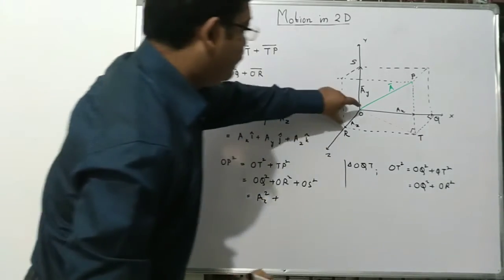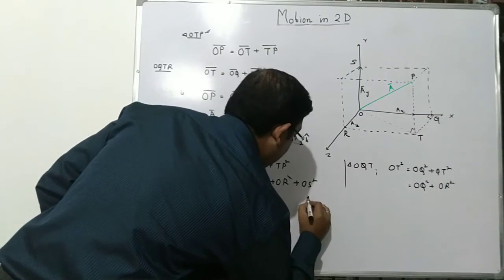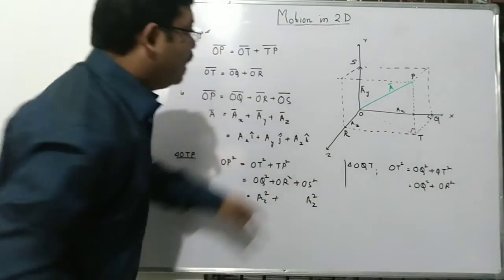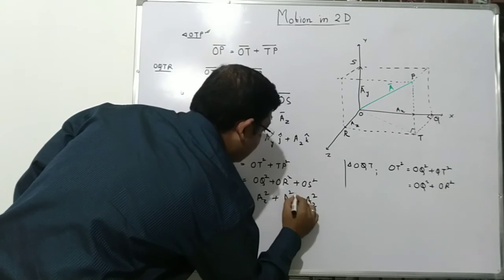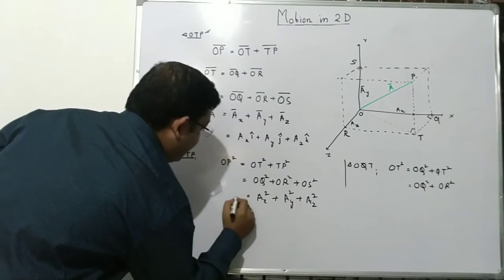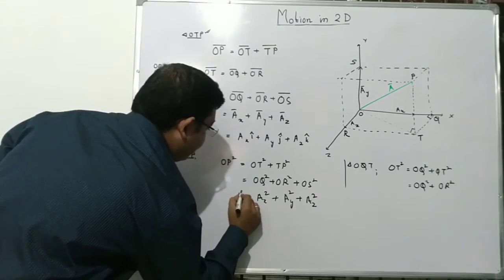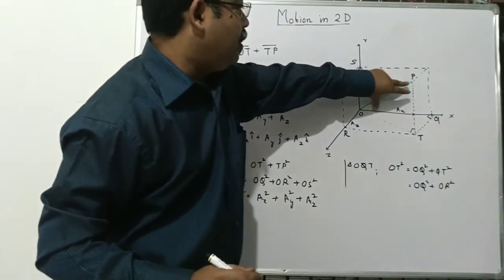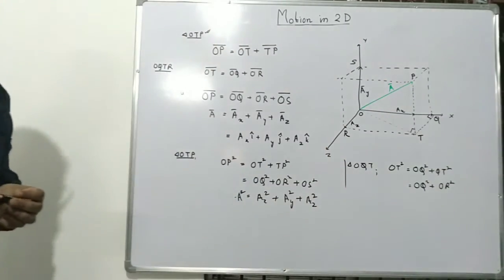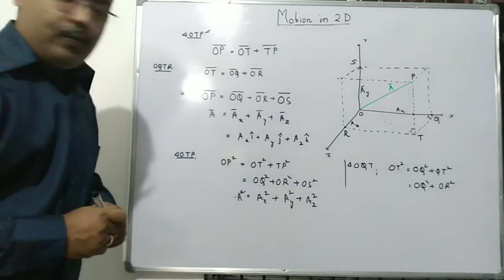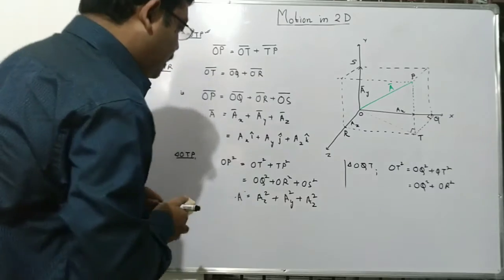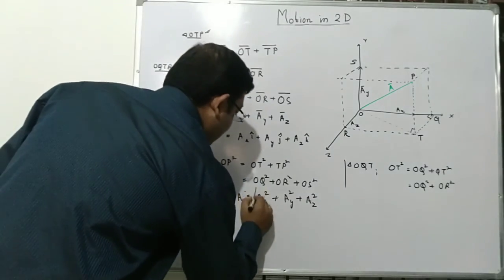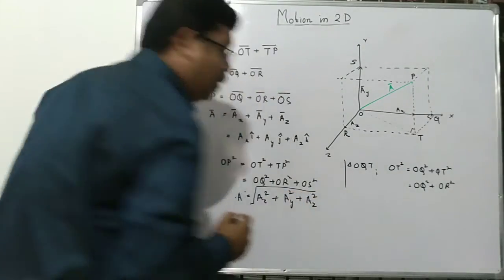OR is Az, so Az squared, and OS is Ay, so Ay squared. So OP squared, that is the magnitude of vector A squared, is this, or we can say that the magnitude of vector A must be equal to the square root of Ax squared plus Ay squared plus Az squared.